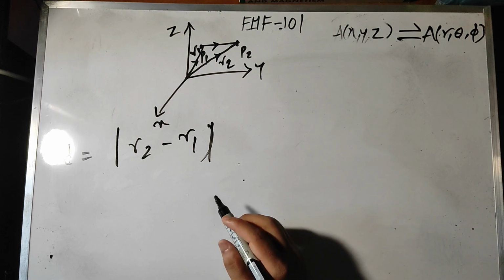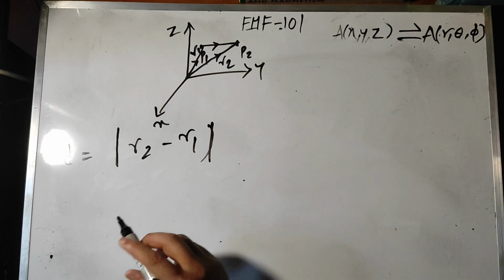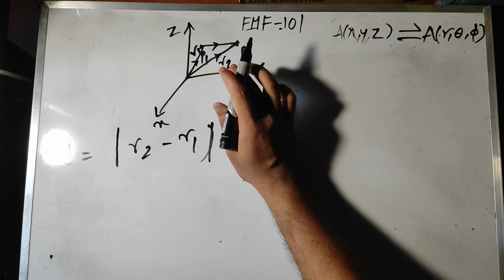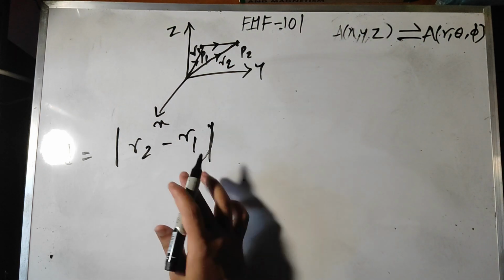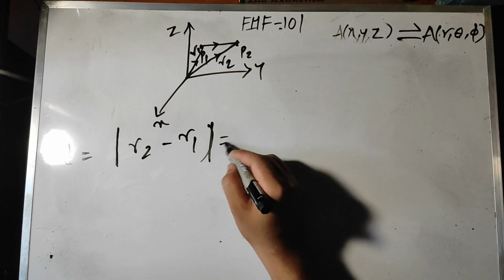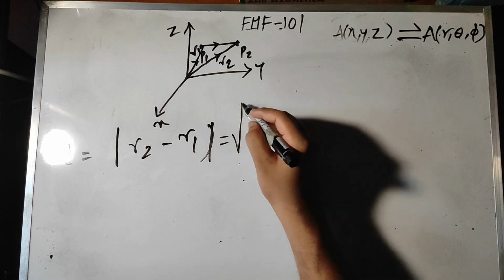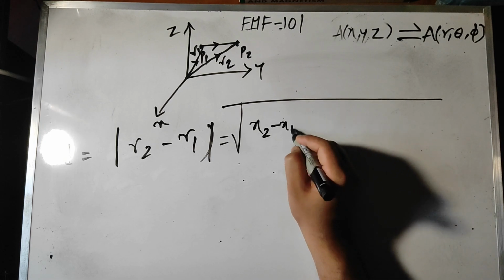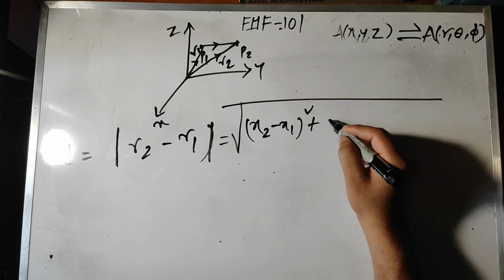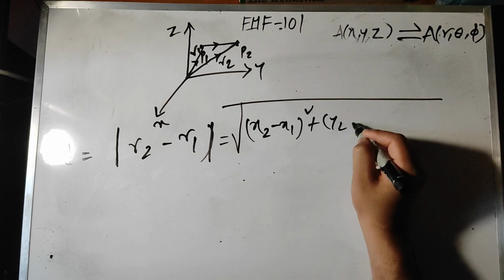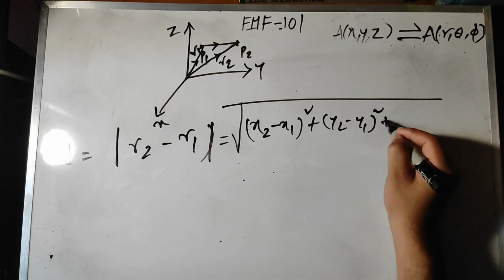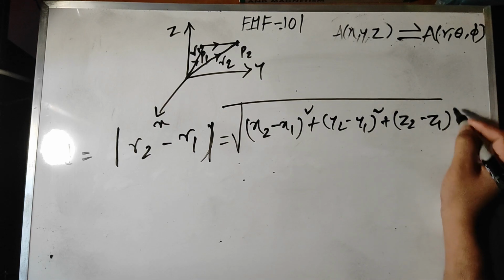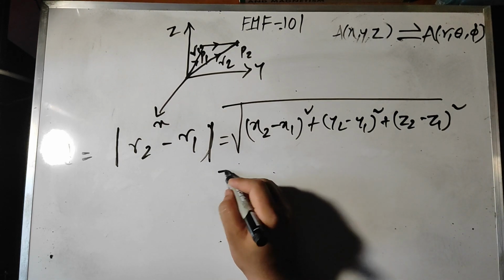We know from vectors that the distance from R1 to R2 is R2 minus R1. So in Cartesian the distance will be the square root of x2 minus x1 square plus y2 minus y1 square plus z2 minus z1 square.